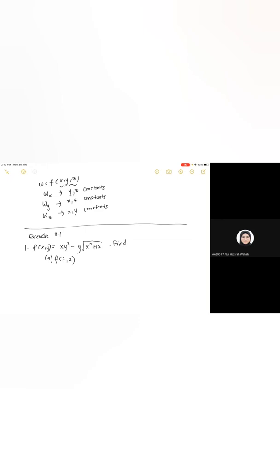Okay, so this is the question, f(x, y) equals to that function, and the question asks you to find f(2, 2).